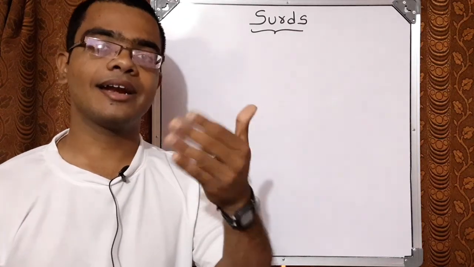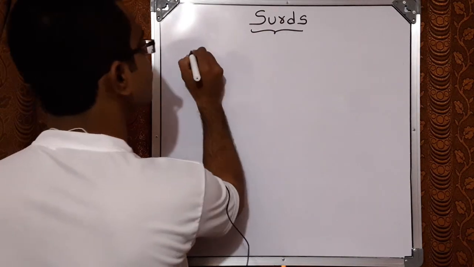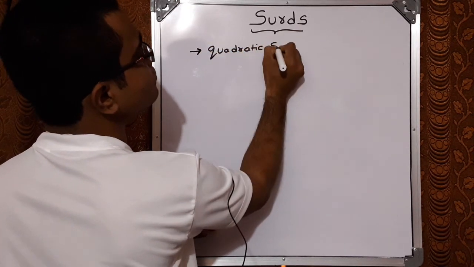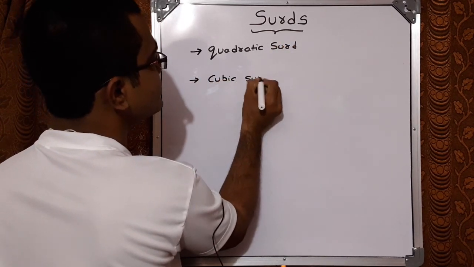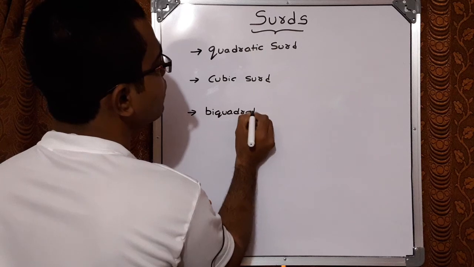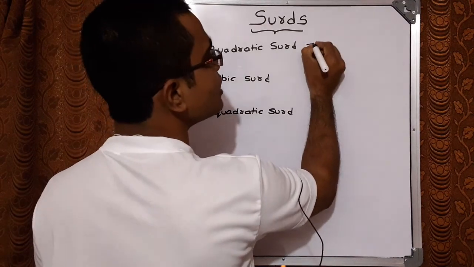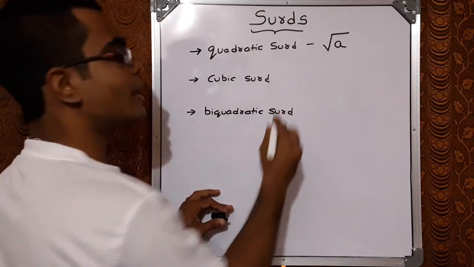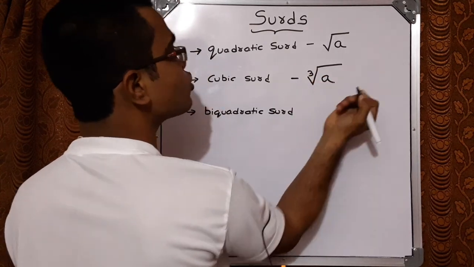Okay students, let us take the different examples for different types of surds. One surd we have is quadratic surd. Next is cubic surd, next biquadratic surd, and so on. What is a quadratic surd? If you take a square root for a rational number, then it's going to become a quadratic surd. And if you take a cube root for a rational number, that's going to become a cubic surd.